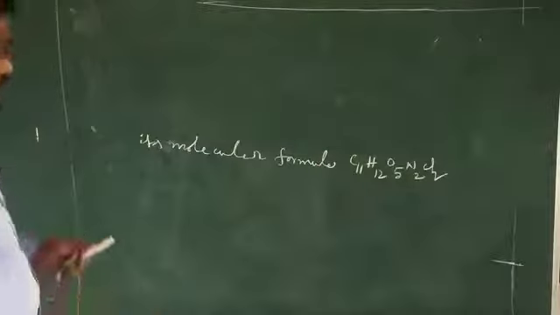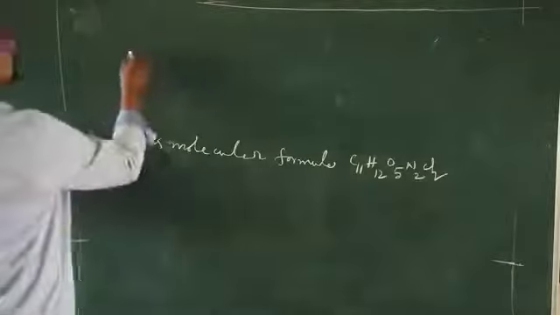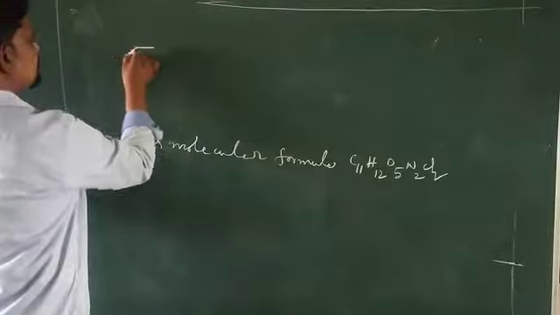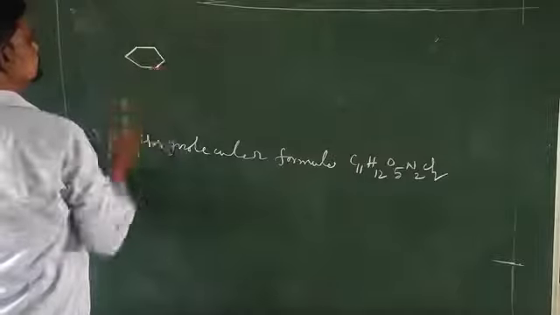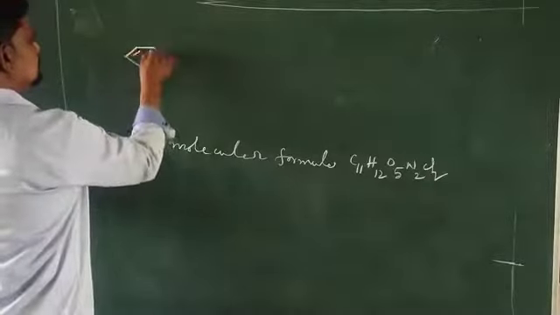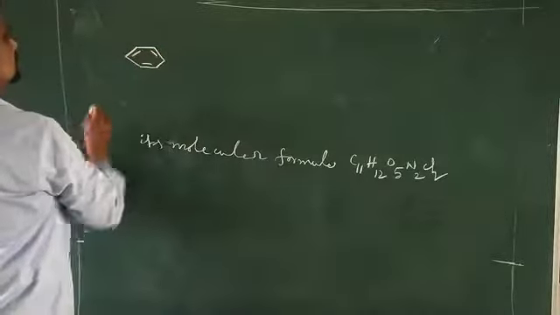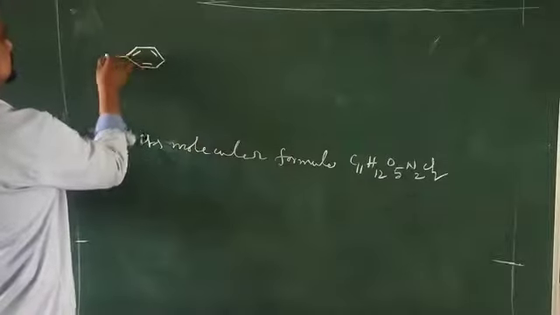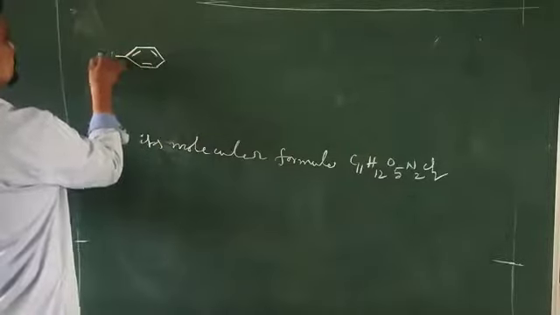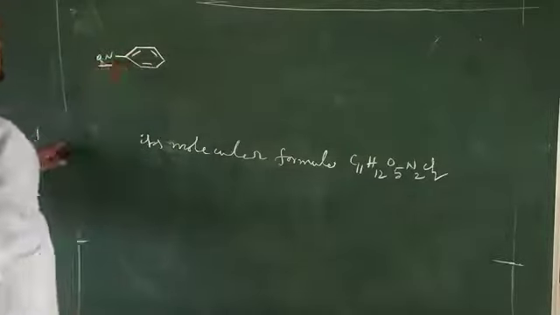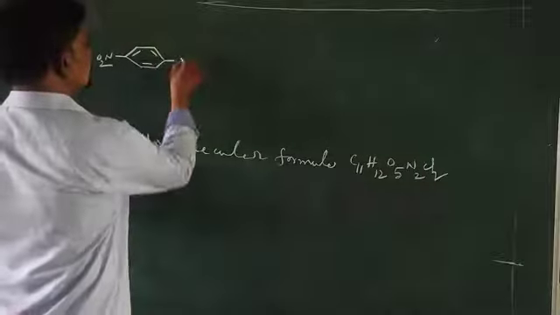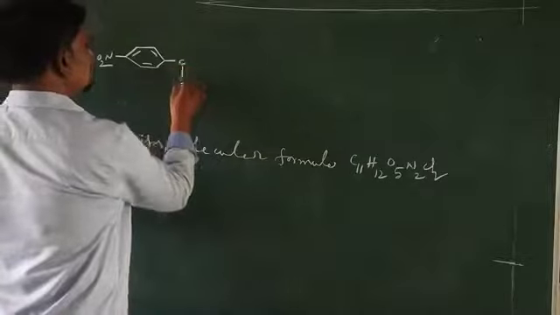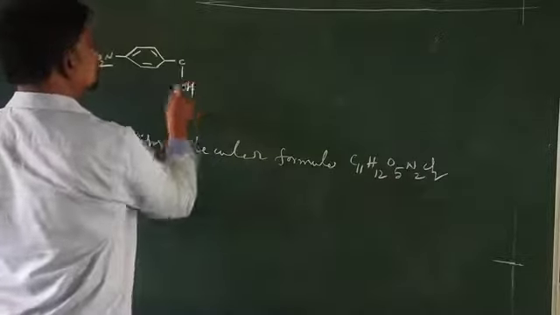So here first you draw the benzene ring. This is the benzene ring. So here in this position, that means para position, attached NO2 group. In this position attached the carbon. Here in this position attached the alcohol group.